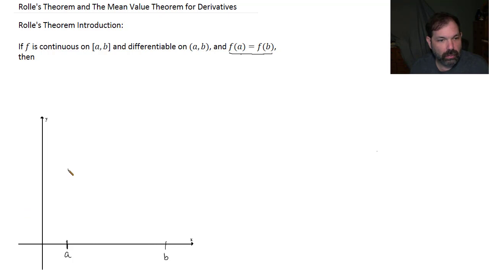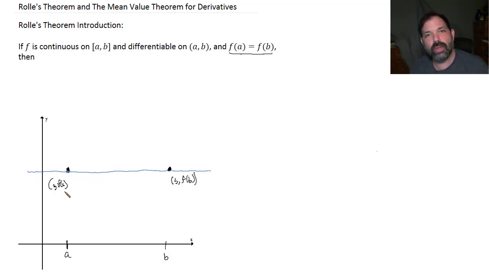Let's say there's the point A, f of a, and here's the point B, f of b. But for Rolle's theorem, that level has to be the same. There's that level, poorly drawn. f of a equals f of b.